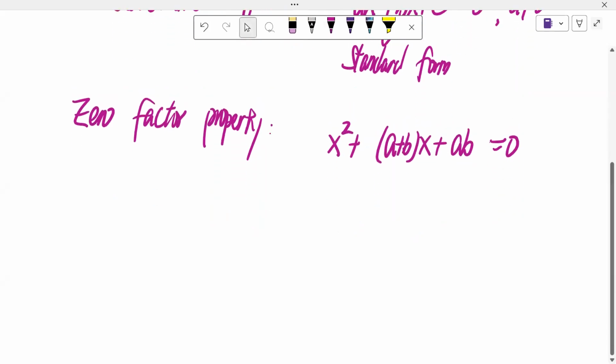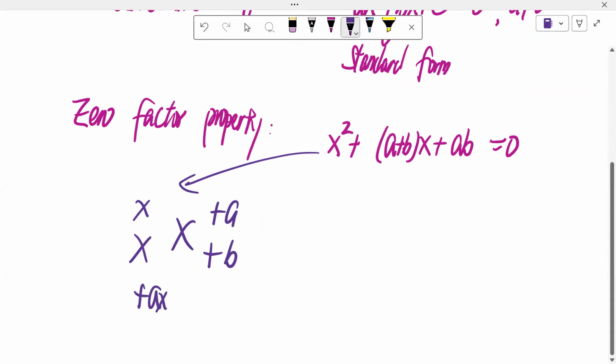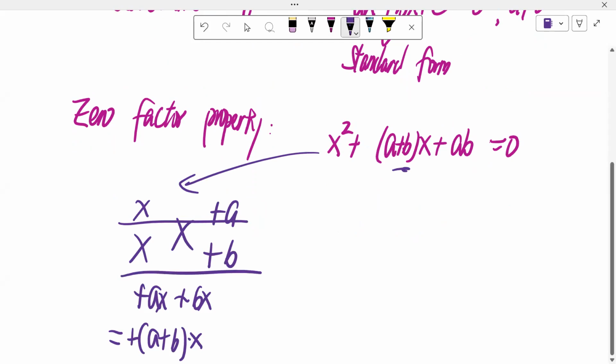This is a typical trinomial: we break down the x squared as x times x, ab would be plus a, plus b, and cross multiply, we get ax plus bx. Factor out x, we get a plus b times x, which is the middle term. So we get two factors, x plus a, x plus b.